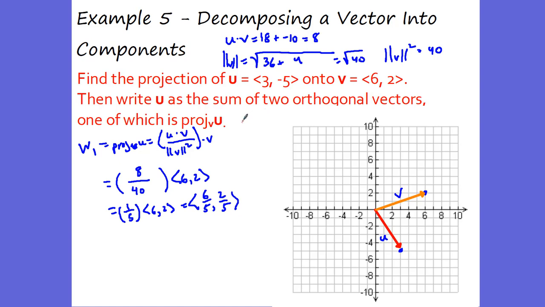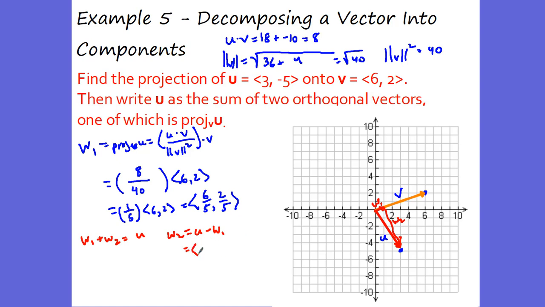What does that mean? This u is made up of two vectors, which we're going to call w1 and w2. So w1 plus w2 equals vector u, which means w2 is equal to vector u minus w1.